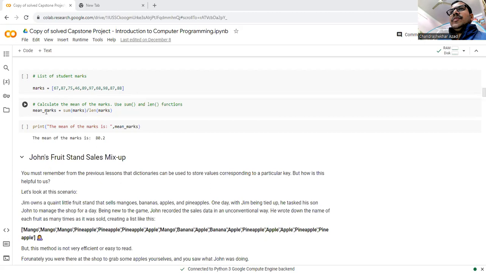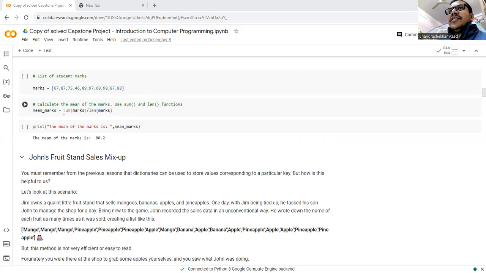The formula of mean is equal to the sum of marks divided by the number of students. So we assign mean marks is equal to sum of marks. Here we use the sum function on the marks list, which calculates the sum of these marks, and the length of marks function tells the total number of students.